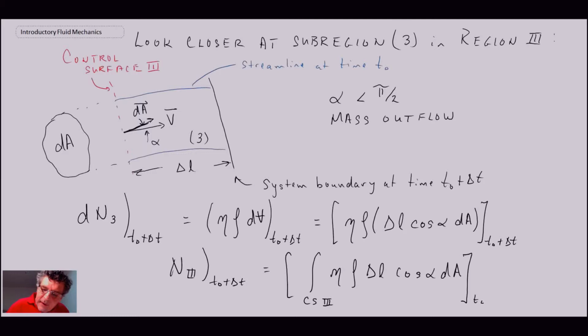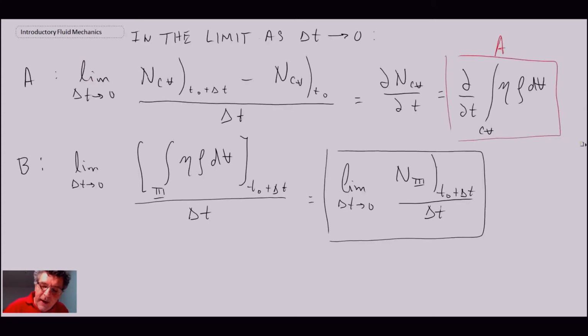And this would be at T naught plus delta T. Okay, so we're getting closer to understanding B. We now want to find the time rate of change of that, because if we go back here, we're interested in the time rate of change of that extensive property. So that's what we're now going to do.